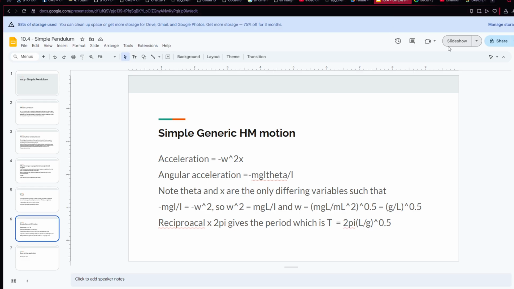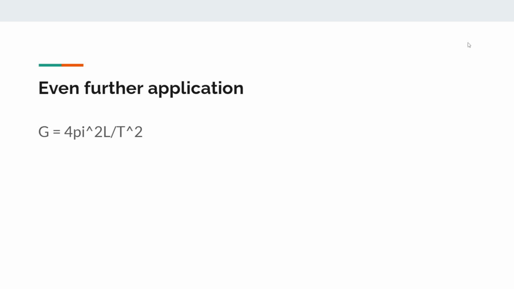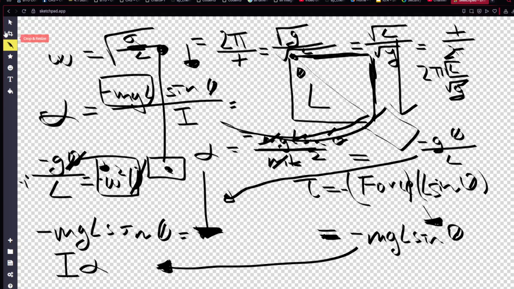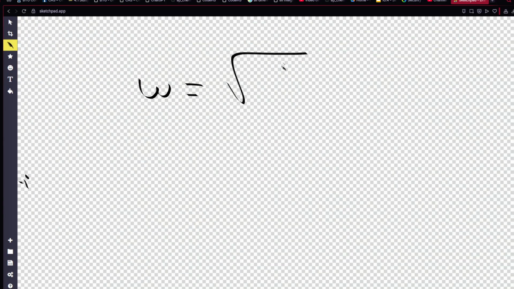So that's all for that. And the further application should be gravity. Remember that we established w to be square root g over L. That means you can calculate gravity on any planet. Let's square both sides times L equals g. I wonder what they did here.